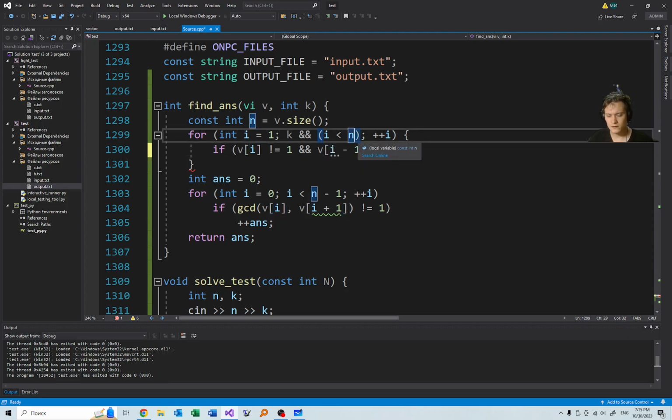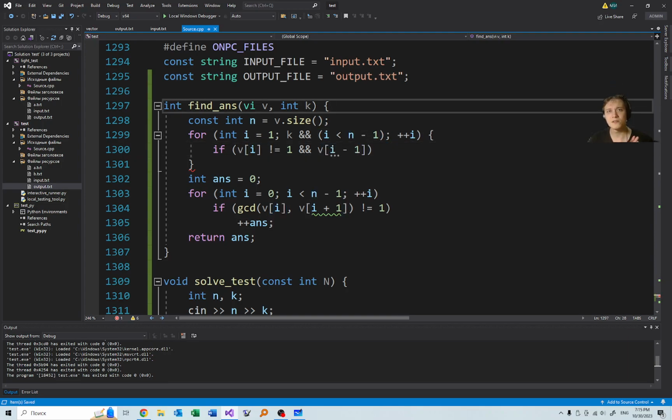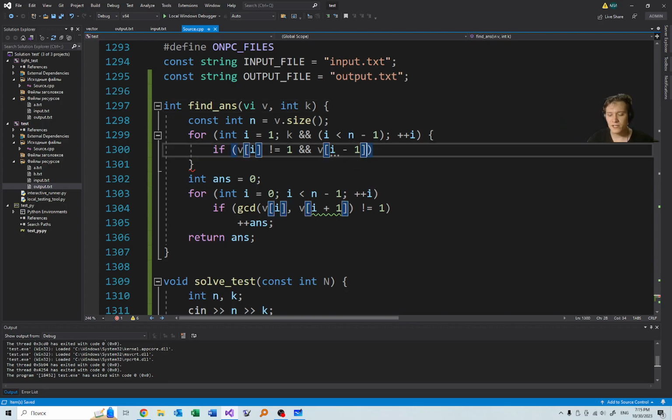I also think we should do it like this. So we consider all inner elements. So if 3 elements in a row are not ones, so I even think we cannot ask about v_i.